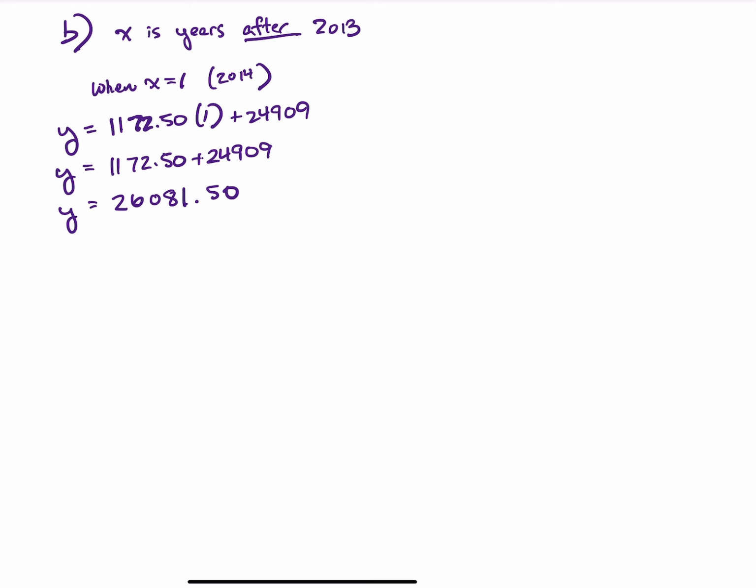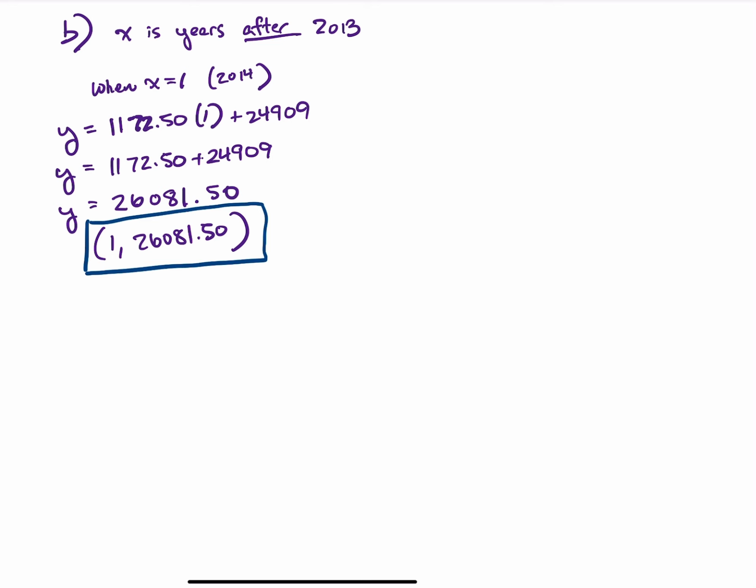Let's write it as an ordered pair. We'd have the point 1, comma, 26081.5. That's how much it will cost 1 year later in 2014. Seems like a long time ago now. 2014, another world.